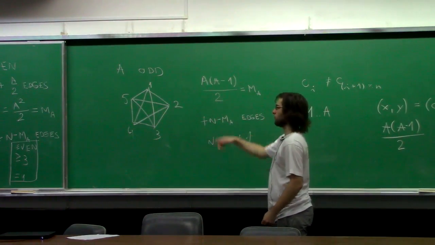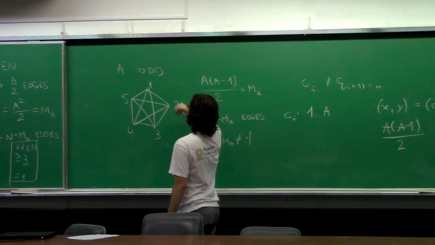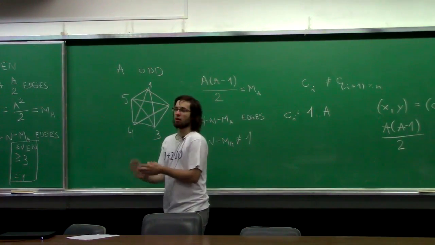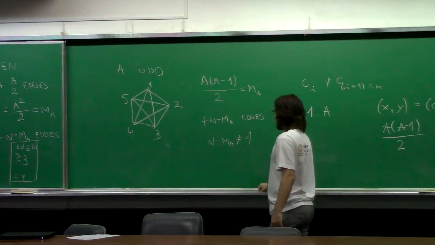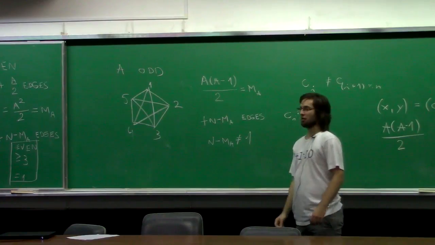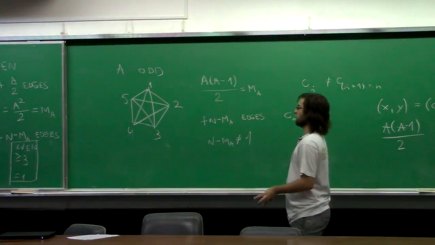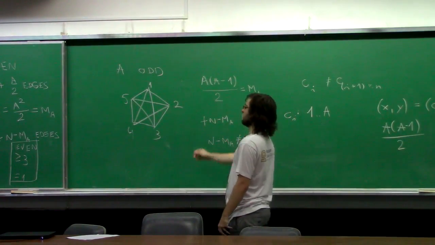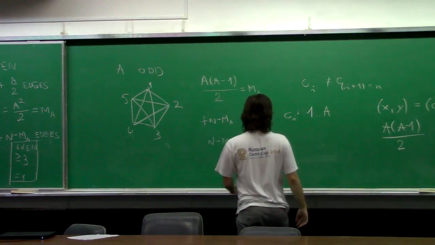Of course, self loops are not allowed, so we need at least 3 vertices for that. Anyway, it's simple to construct the graph in this case, so we just need to remember that this works if a is greater or equal to 3.